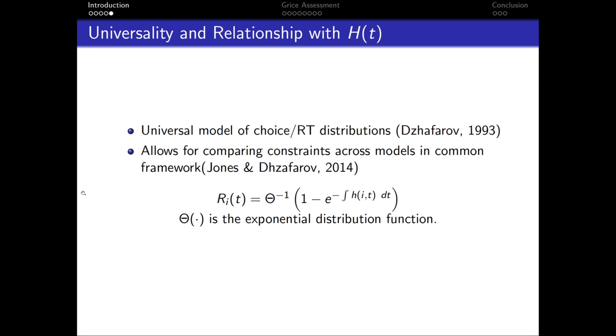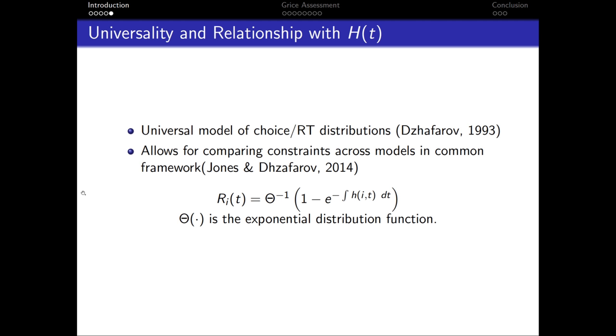Dzhafarov showed in '93 that this Grice representation can be a universal model of choice response time distributions. Furthermore, it allows for the comparison of constraints across models in a common framework, as argued in Jones and Dzhafarov 2014. Formally stated, the response time t can be viewed as the inverse exponential distribution function evaluated at 1 minus e to the negative H of t, where H here is the hazard function.